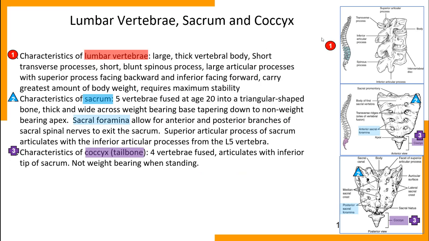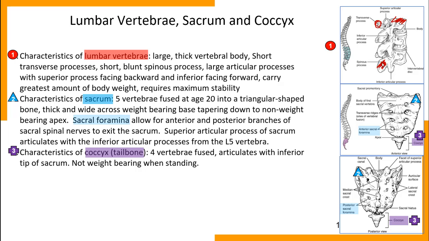First one is the lumbar vertebrae. So lumbar vertebrae, the body is huge compared to the body of the thoracic and the cervical vertebrae. The transverse processes that you can see here are short. The spinous process is also short and blunt.